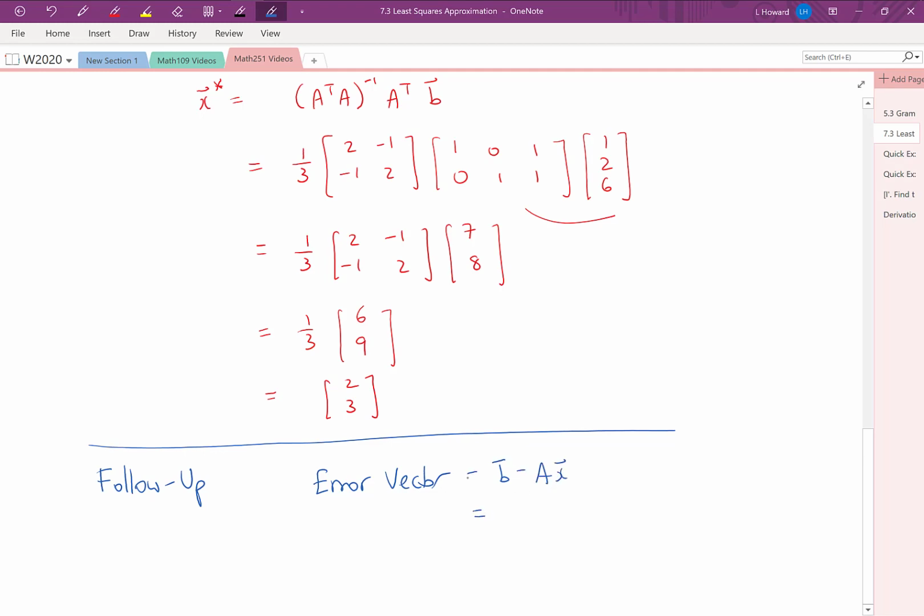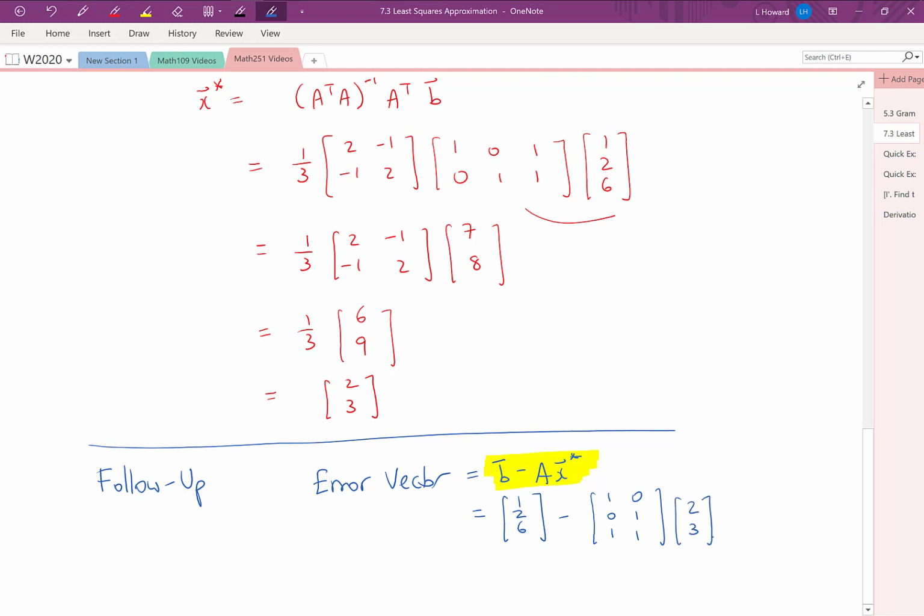For this example, b was (1, 2, 6), and our matrix A was [1, 0; 0, 1; 1, 1], and we're going to multiply that by, in fact, I should have written Ax star here. I'll just highlight that. So our error vector is b minus Ax star in this case where we're working with the least squares solution. We're going to multiply our matrix A with this x star that we've just calculated.